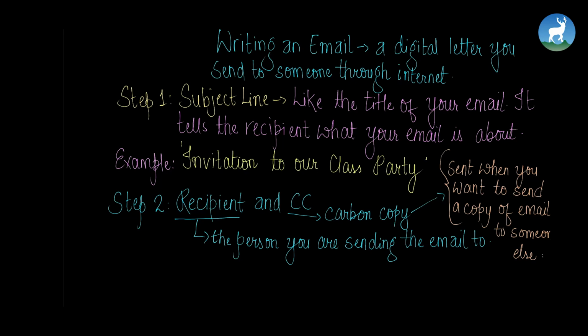Alright, let's move to step number 3. Step number 3 is optional because it's BCC. It's optional. You can use BCC if you want to send a copy of the email to someone without the other recipients knowing.